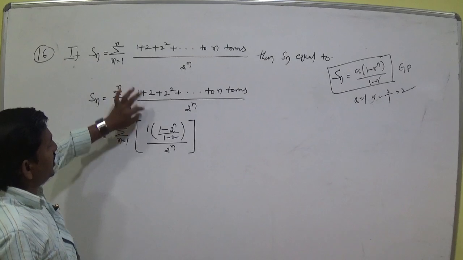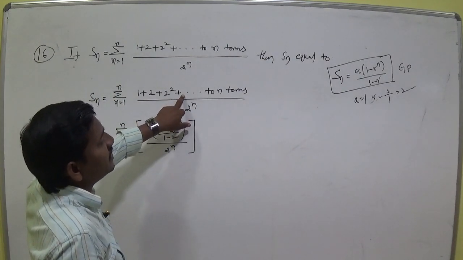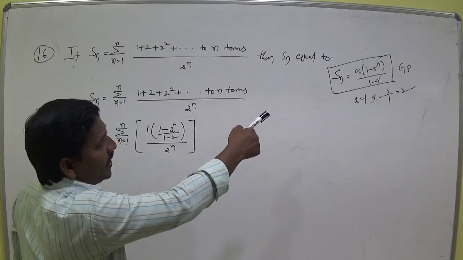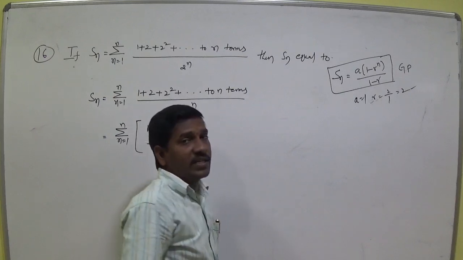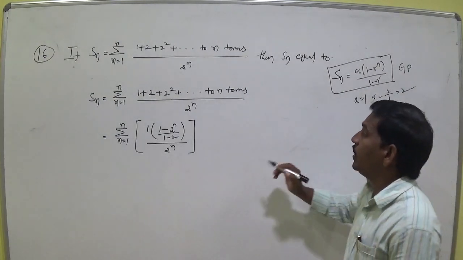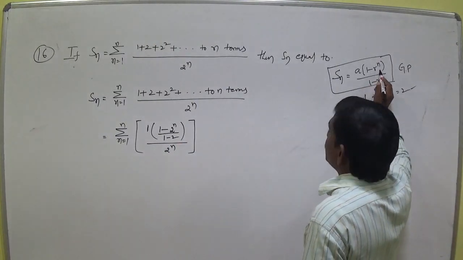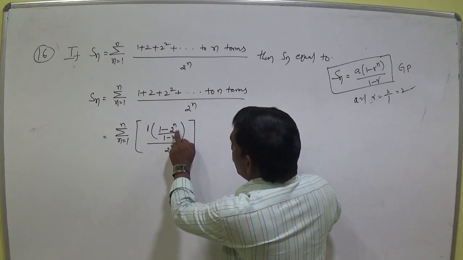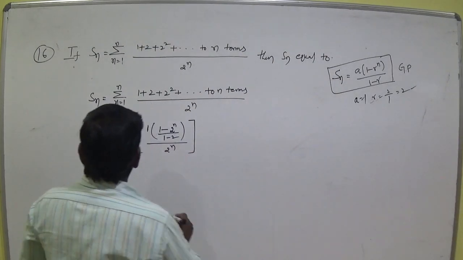This is in GP, and the sum of n terms Sn equal to A into 1 minus r power n by 1 minus r. This is the formula, so we have to take the values in that formula. A means 1, and 1 minus 2 power n by 1 minus 2, whole by 2 power n.